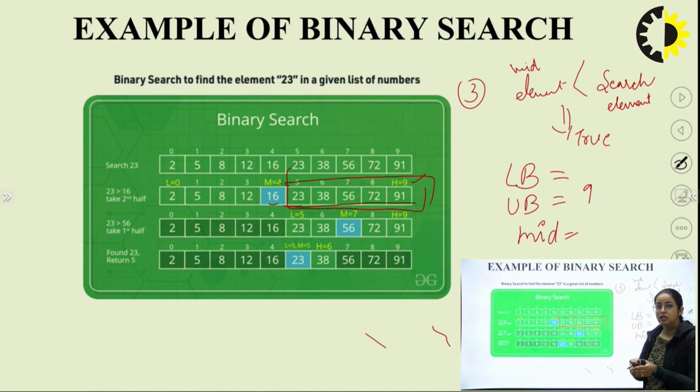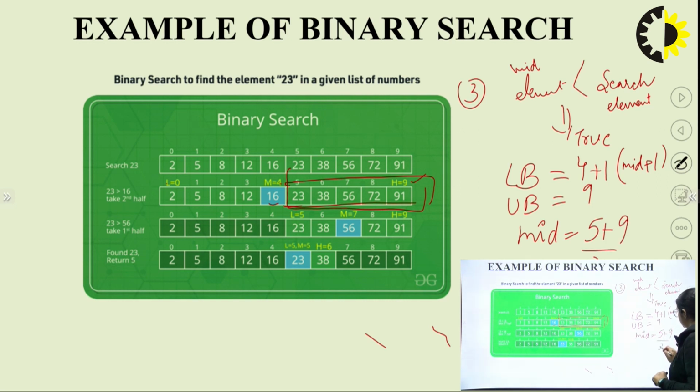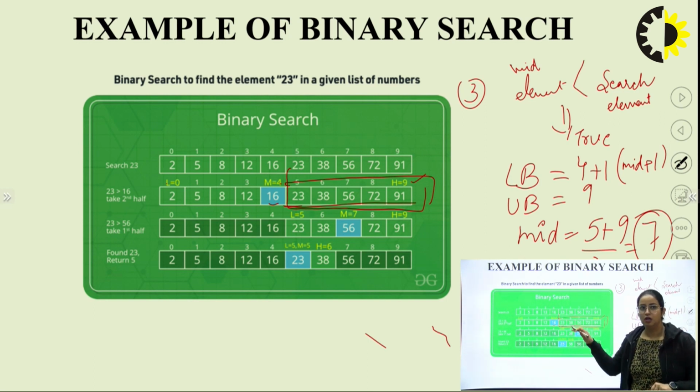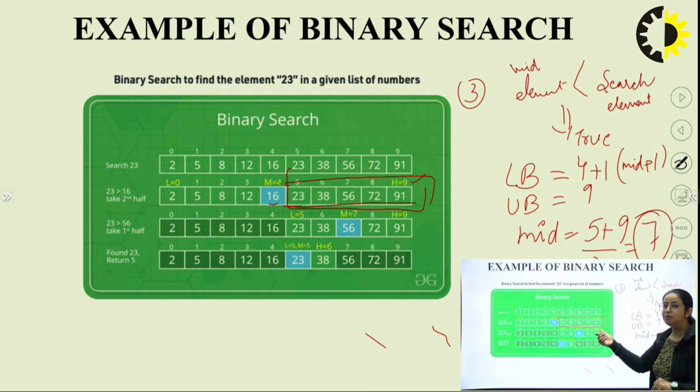We are taking mid plus 1, that is 4 plus 1, which means we are taking 5. So 5 plus 9 divided by 2 is 7. Now we get a new mid element position, 7.